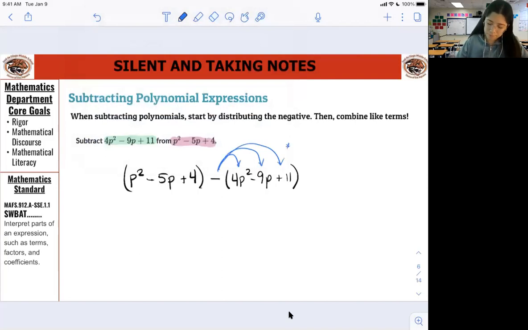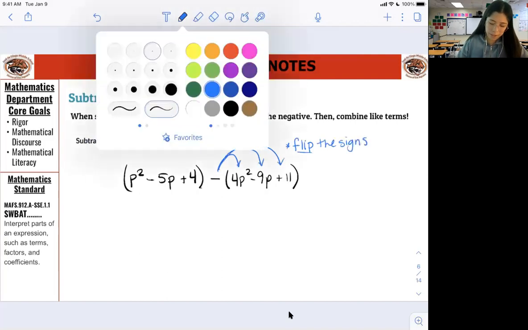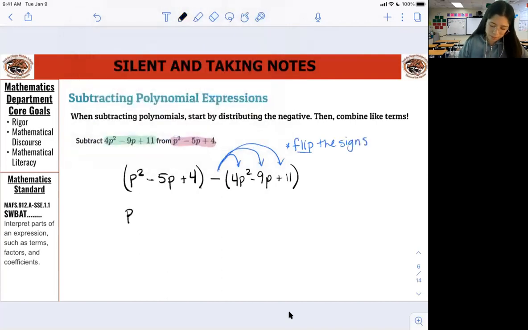You add a negative in front of it. In other words, we flip it. All right. So first one stays the same. Then I have negative 4p squared plus 9p minus 11.